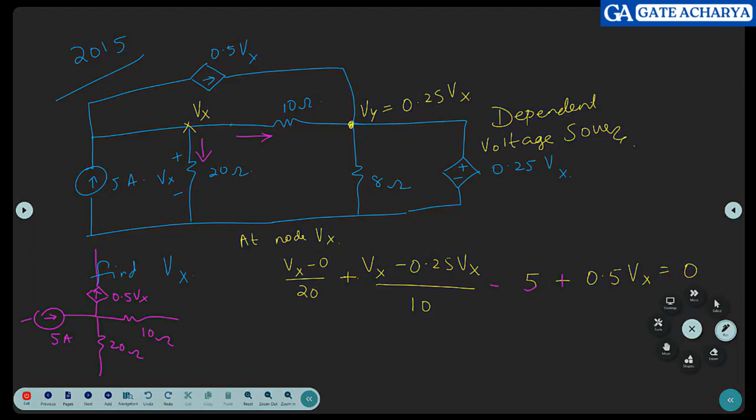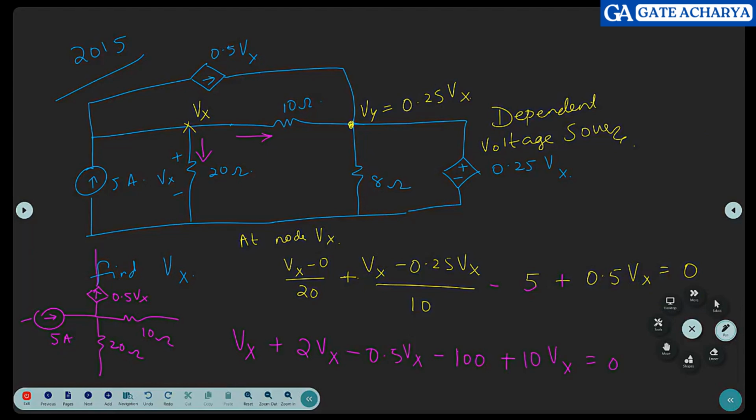For people who did not get it, you can multiply by 20 the whole equation. So it will be 20 Vx. So here it will be 2 times you have to multiply Vx plus 2 times, 2 Vx minus 0.5 Vx, 20 minus 5, 20, 100, 20, 10.